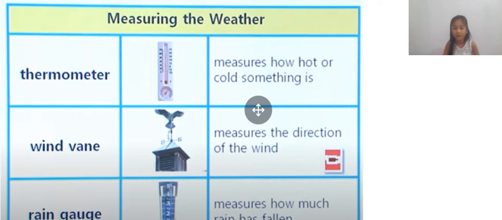The last special tool that we can use to measure the weather is the rain gauge. Rain gauge. This one is like it's measuring the rain. Yes, you're right with your guess. It measures how much rain has fallen. That's the job of the rain gauge.